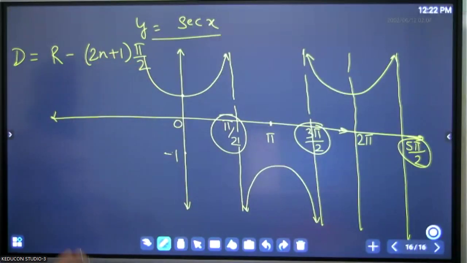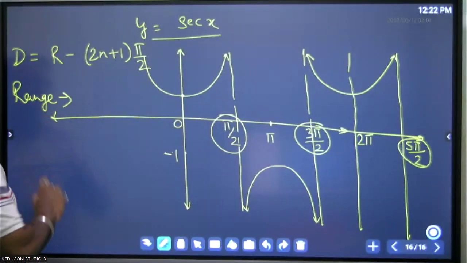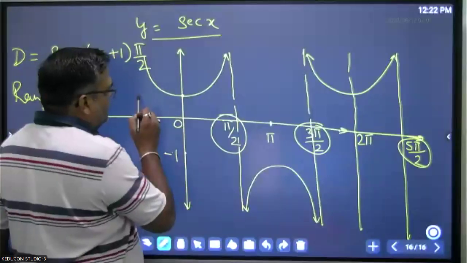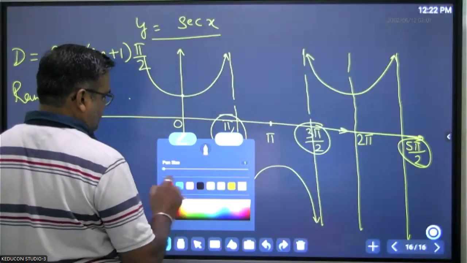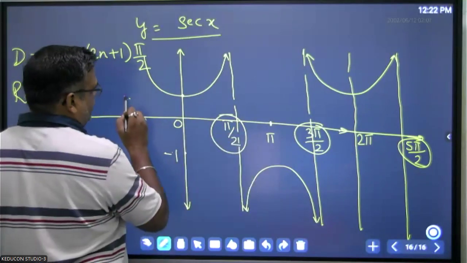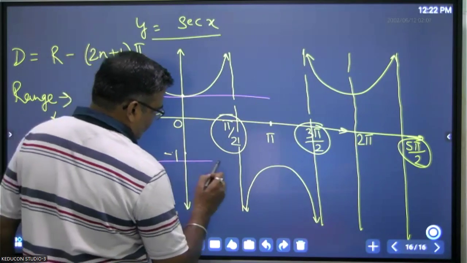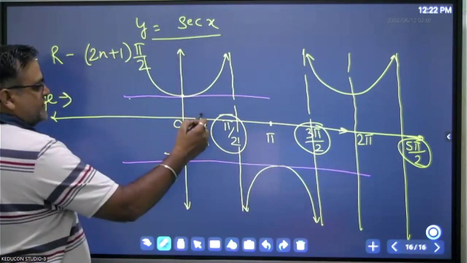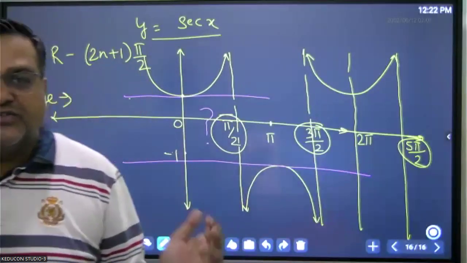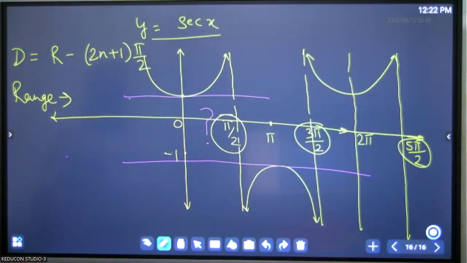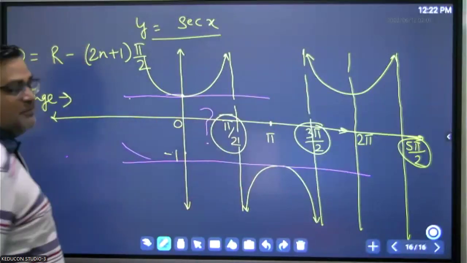And what will be the range? The range is... if you look at this, now see, in this entire region there is no value of secant, which means leaving this part, everything can be the value.